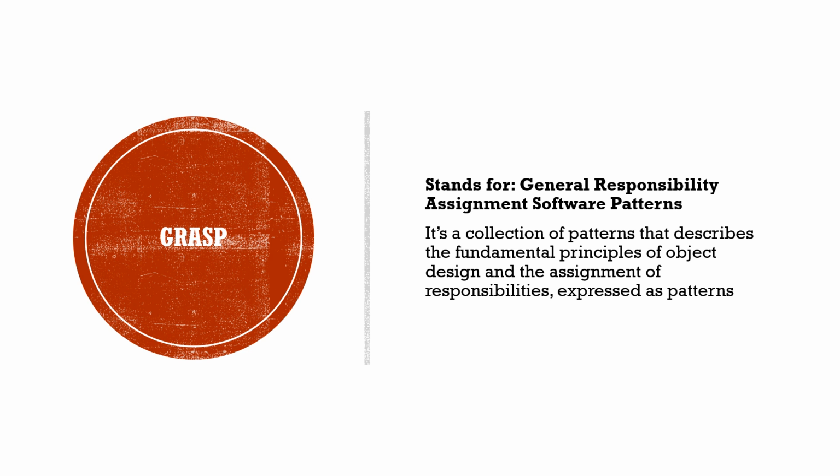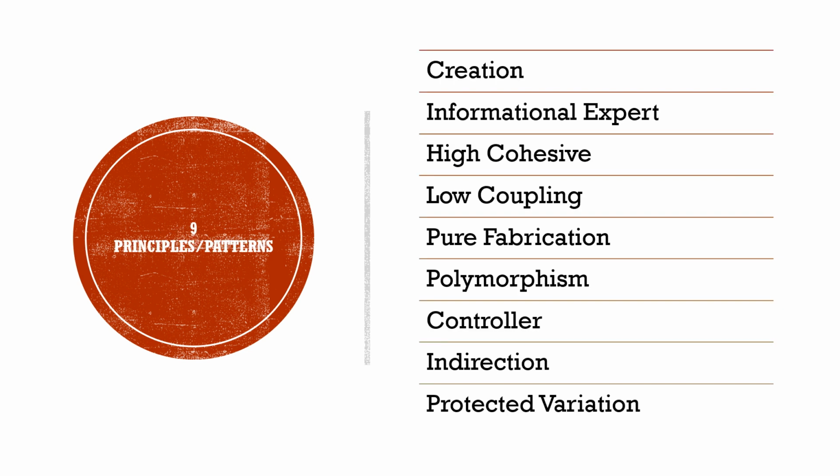We still need to be able to describe every decision that we make, so we need to understand them. GRASP contains 9 principles or patterns: creator, information expert, high cohesion, low coupling, pure fabrication, polymorphism, controller, indirection, and protected variation. We'll talk about the first 5 in this video, and the rest in the next videos.